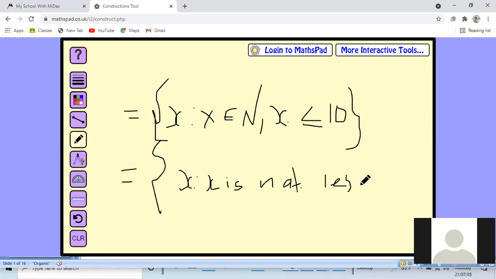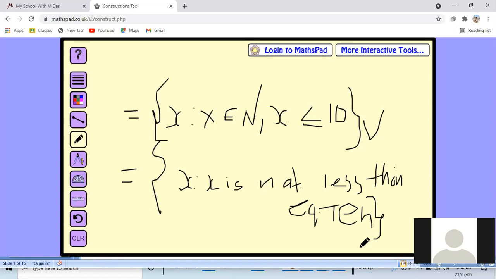I am writing natural number as a shortcut. Like this we can write the set builder method in words also. Okay, children, like this also we can write the set in the set builder method. Both of these are known as the set builder method. Okay, children, today this much.